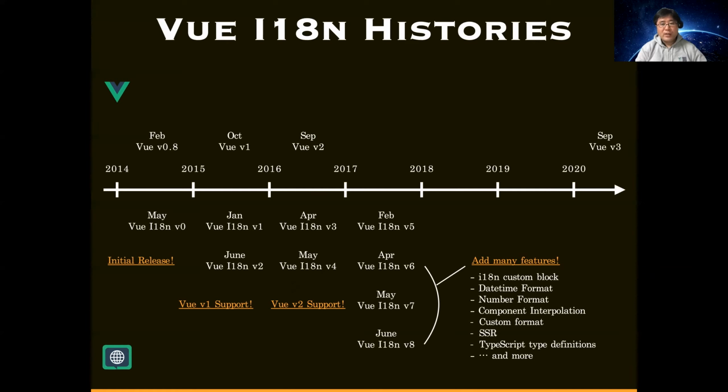So Vue I18n had major releases between 2017 and 2018, with releases supporting many features. Since the release of Vue I18n version 8, we've released a lot of minor and patch releases.